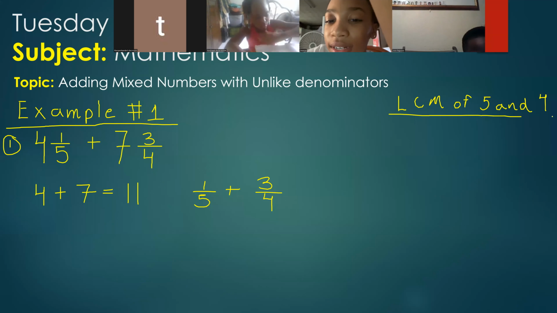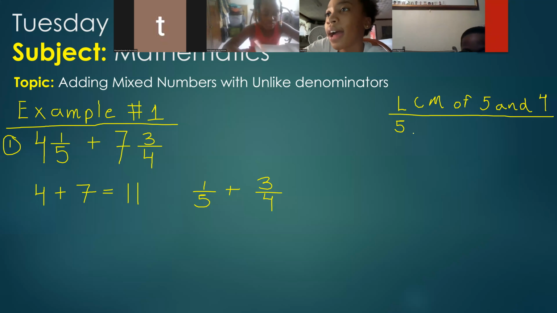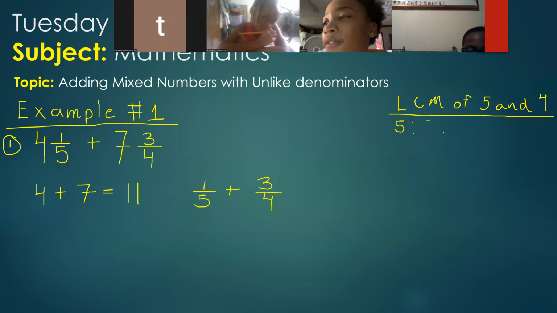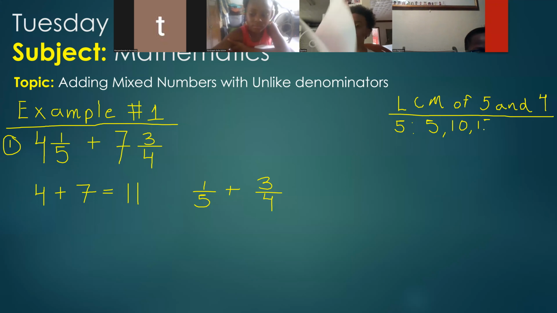So the LCM of 5 and 4. Let's look at it. What are the multiples of 5? 5, 10, 15, and then we can stop at 20. Very good.